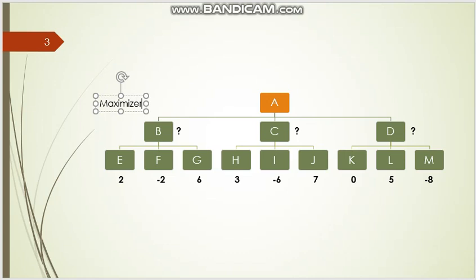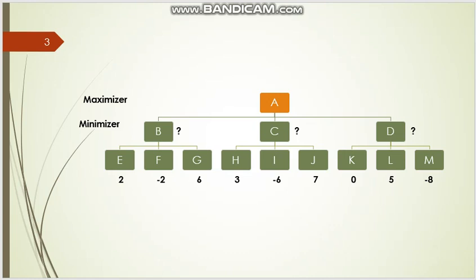So if the first player is the maximizer, then obviously in the next level the minimizer will take the turn, right? So what will happen if the maximizer is the first player and the minimizer is the second player, and the game ends at level 3.